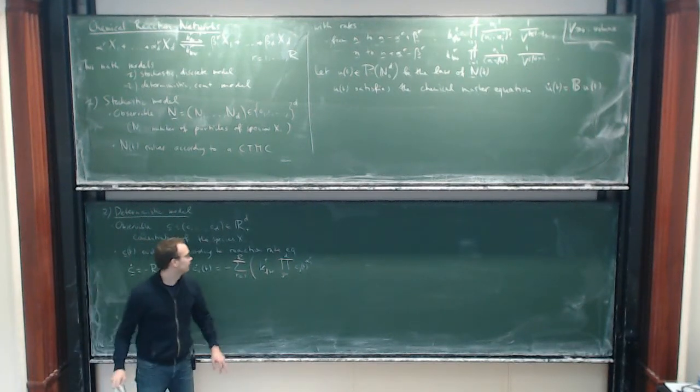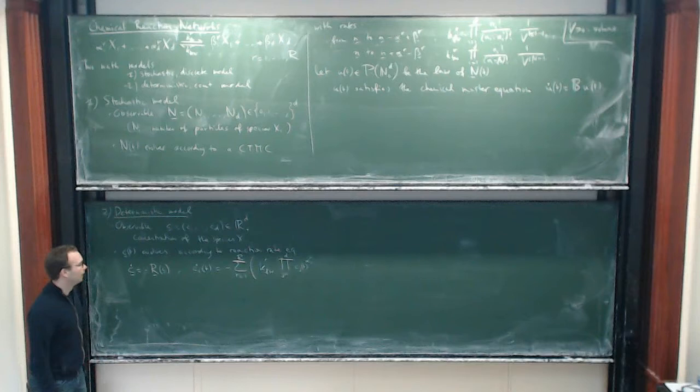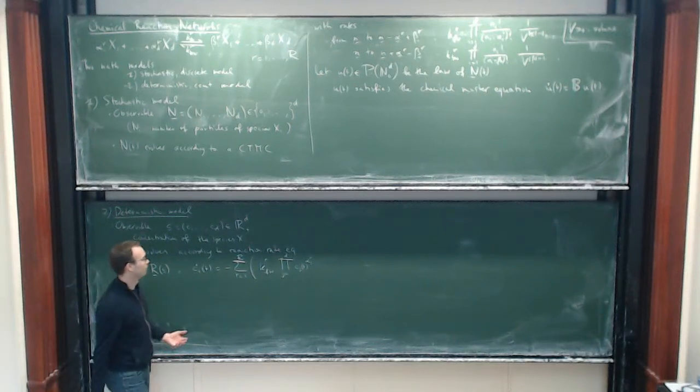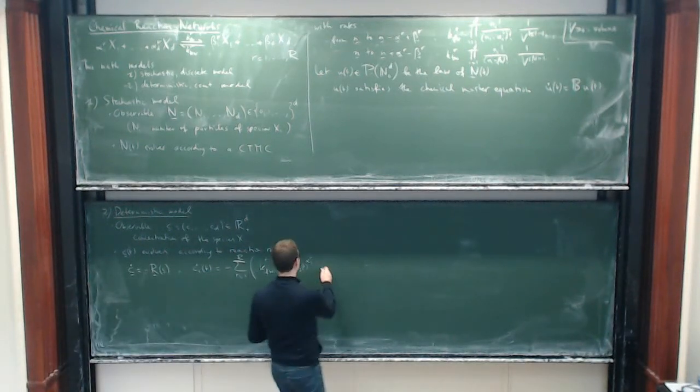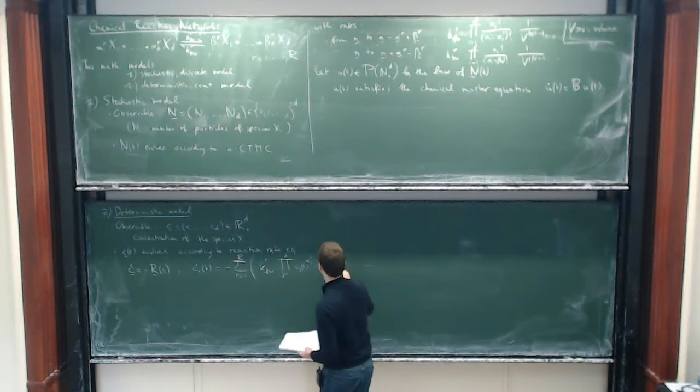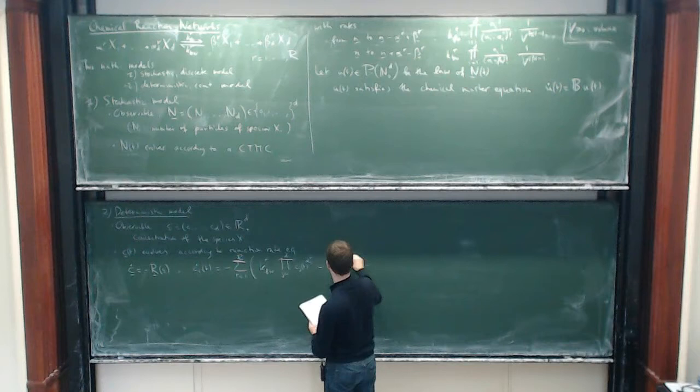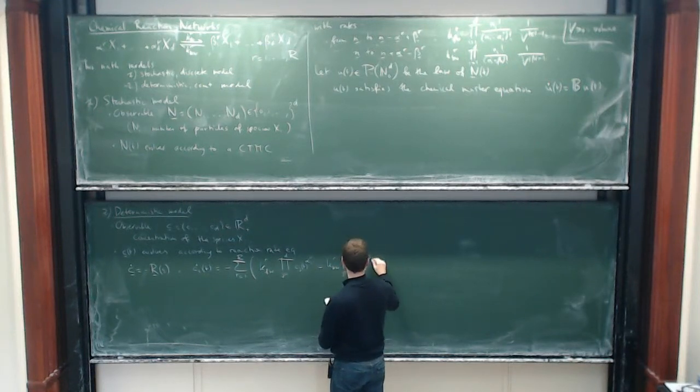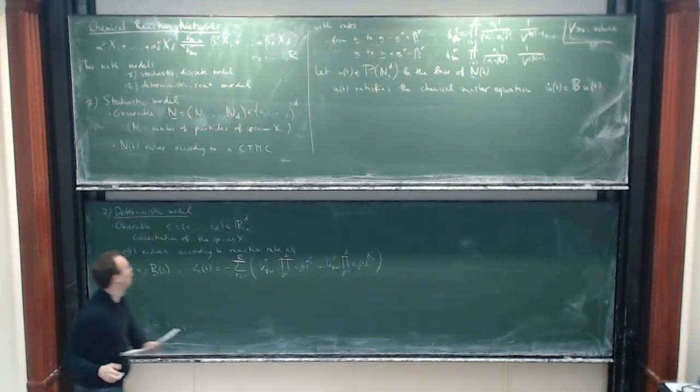And then there's the reaction rate in the other direction, and then you get the beta_j's.